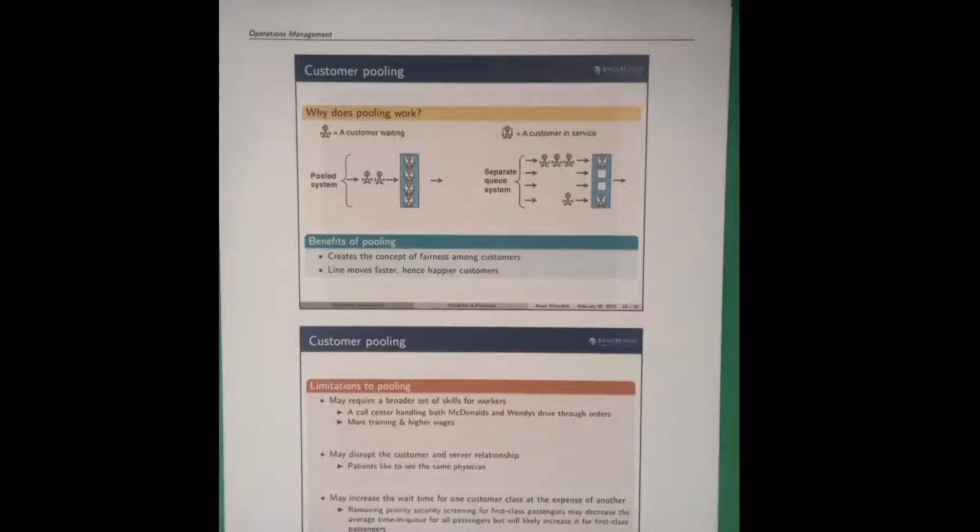For example, in a grocery store, usually there's one line for 15 or fewer items and one line for people with a full cart or full basket. And that's the logic behind it. Full basket customers have longer processing time, they stay in one line, and the other customers have lower processing time, they stay in a separate line.